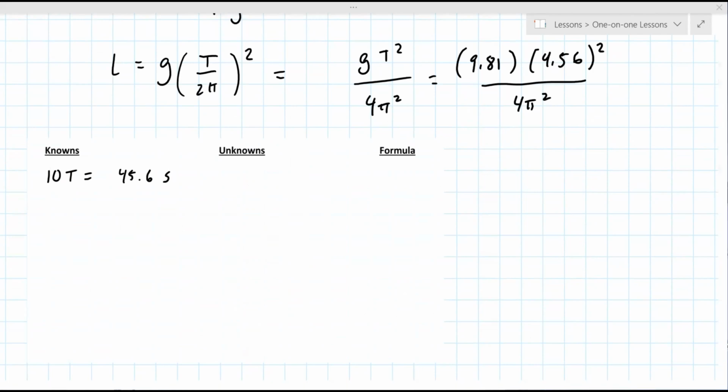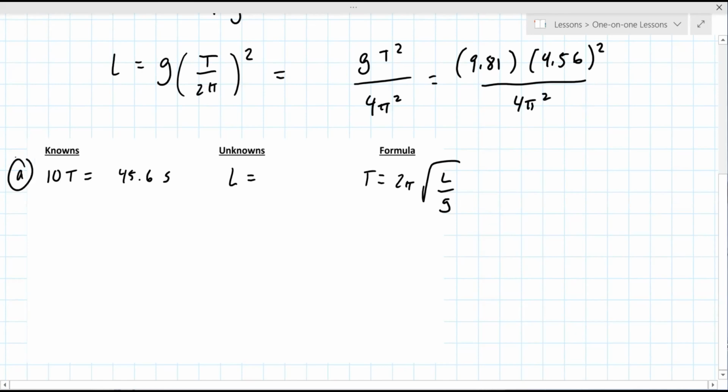That is all that is given. The unknowns are the length of the pendulum, and the formula here is, and I don't know which one it wants you to start with, so I'll just start with the one that's usually shown guiding one, yeah. Equation sheets. So that's for part A.